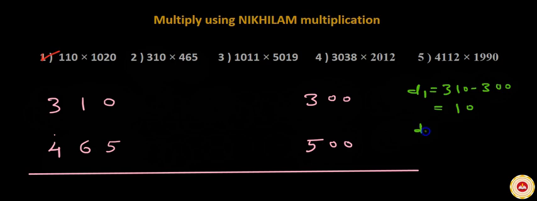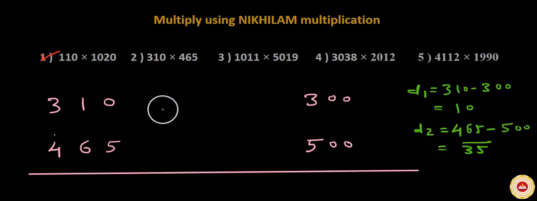D2 is 465 minus the nearest working base, 500, which is equal to negative 35. So let us write these two deviations.